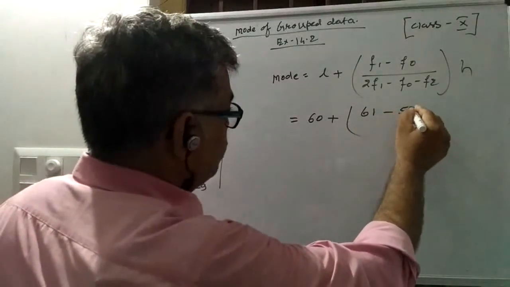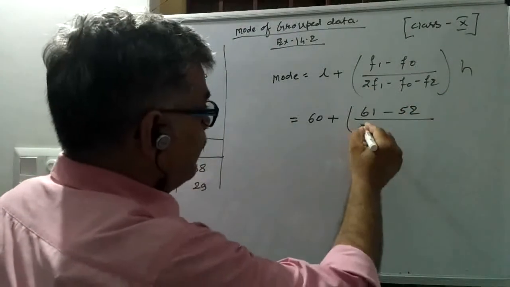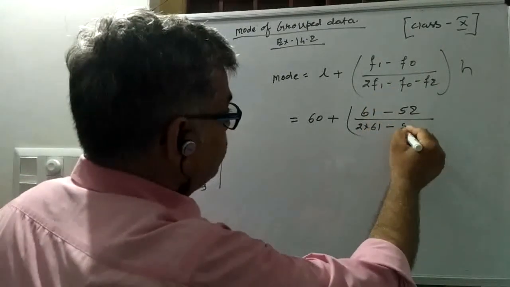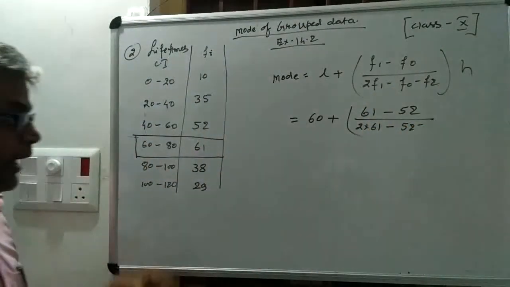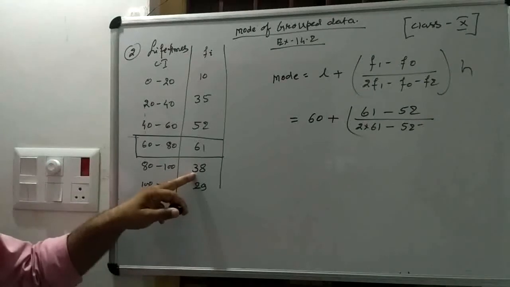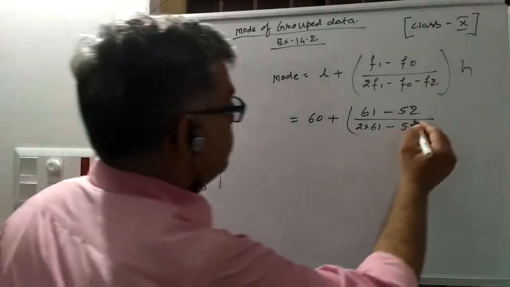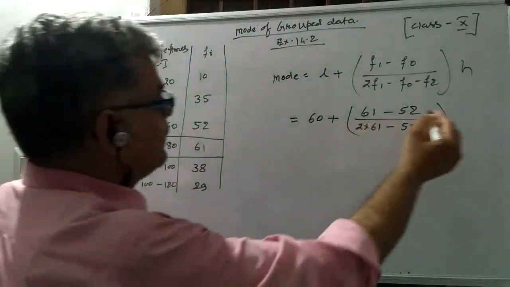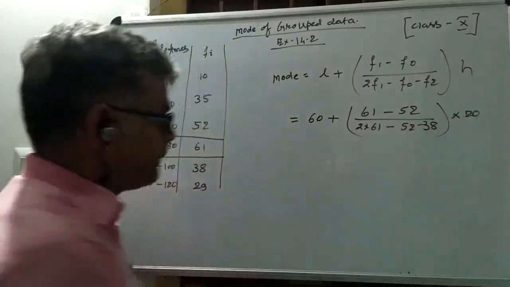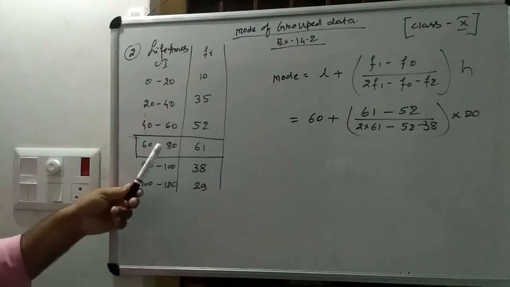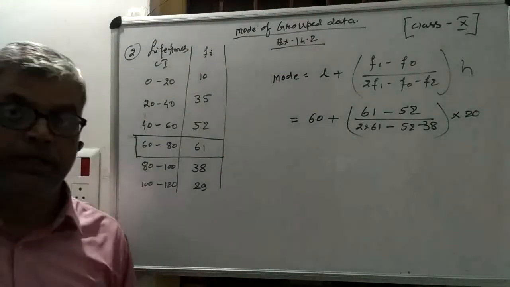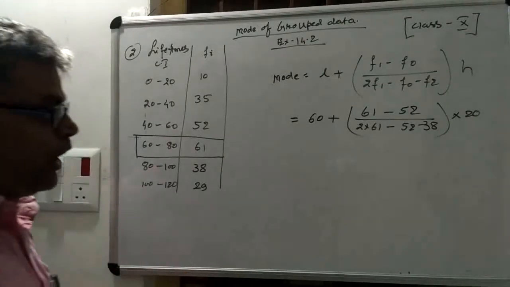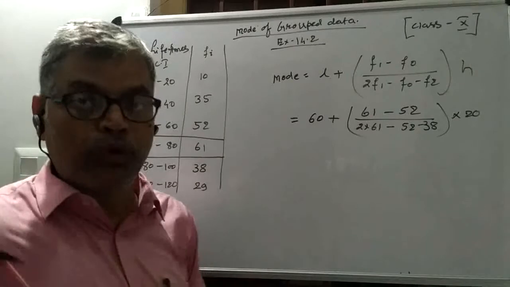And 2f1 means 2 into 61, minus f0 which is 52, minus f2, the frequency of the class succeeding the modal class, which is 38. And h, the class size, is 20. When you subtract lower limit from upper limit you get 20, which is equal in all classes. Now you simplify this and you will get the modal value.